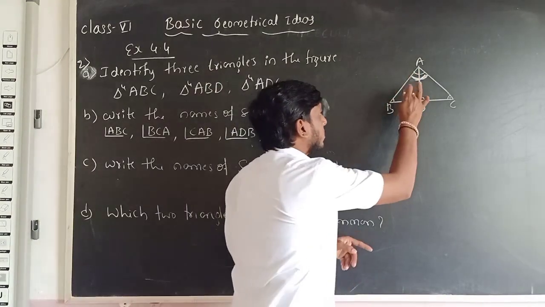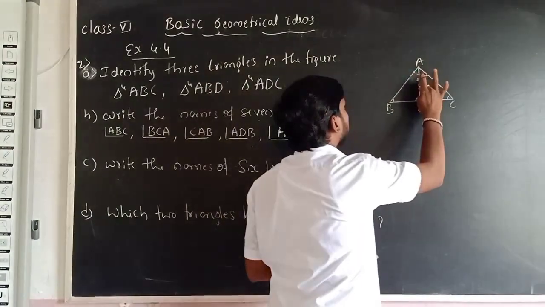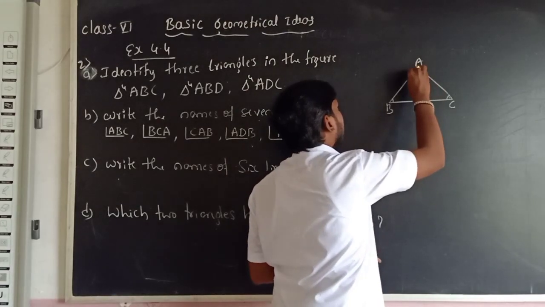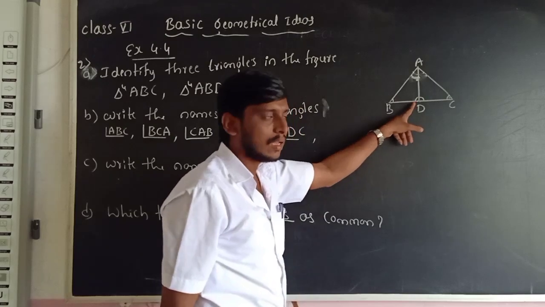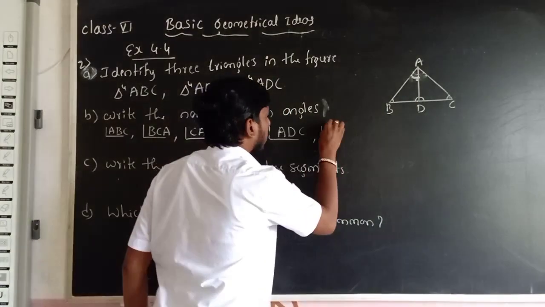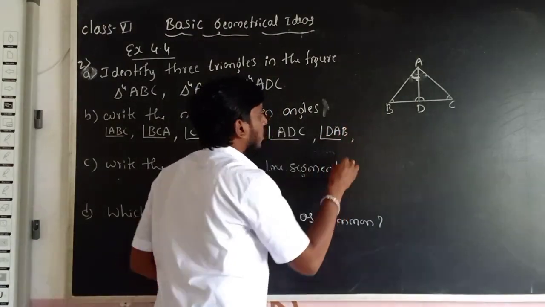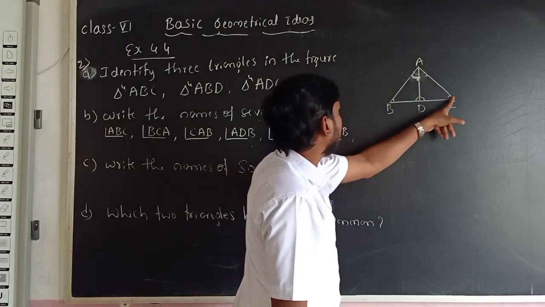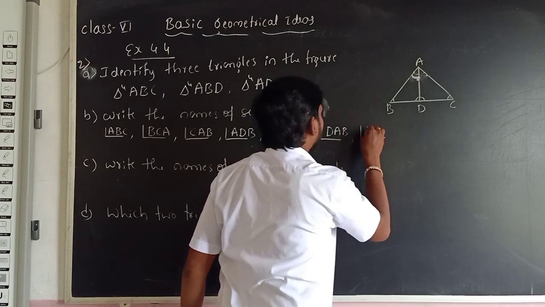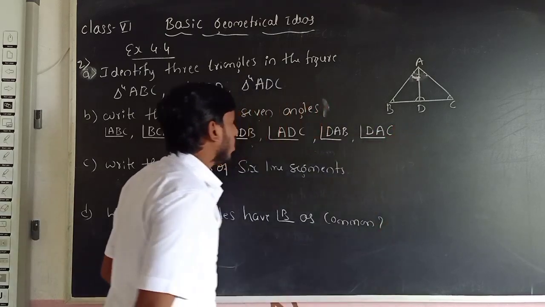DAB. DAB means just this one only. DAB or BAD. So this DAB is over. Next DAC.